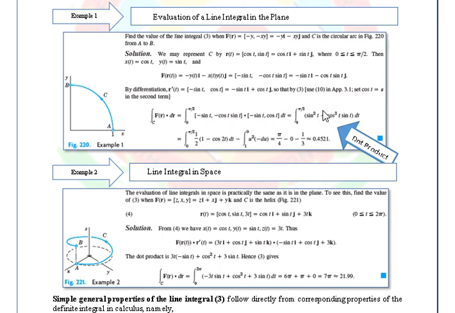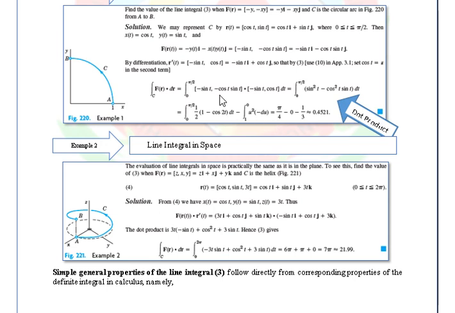we can use an identity here. So noting that cosine of 2t is equal to, this one here is equal to this one minus cosine of 2t, by using the trigonometric identity.